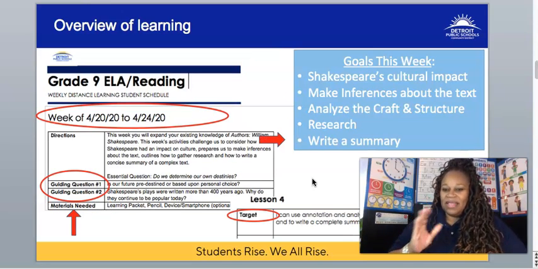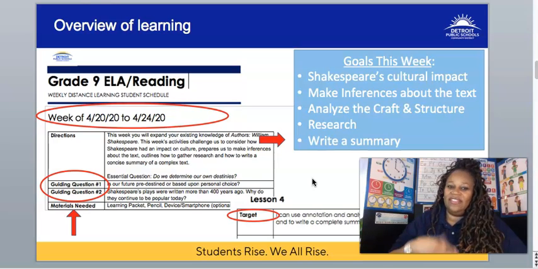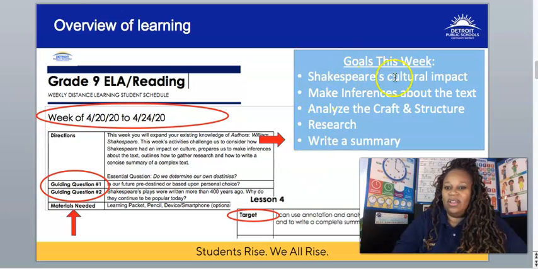We're guided by the same essential question, the very same guiding questions, and we've achieved all of our goals for this week, including looking at Shakespeare's cultural impact, making inferences about the text, analyzing the craft and the structure of our text, and now we've skipped down to writing a summary.